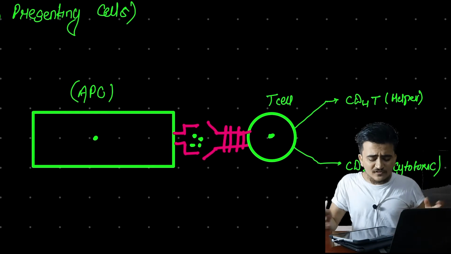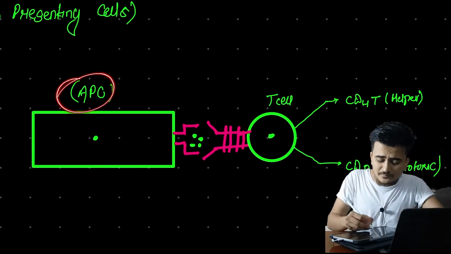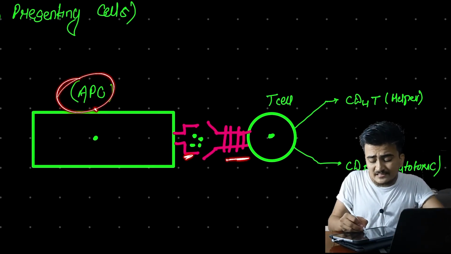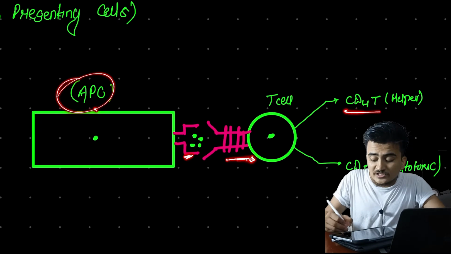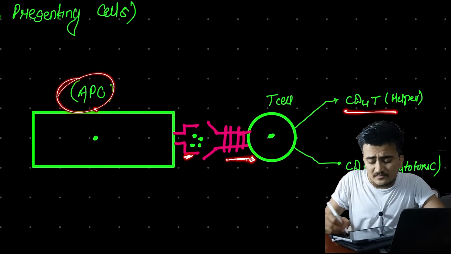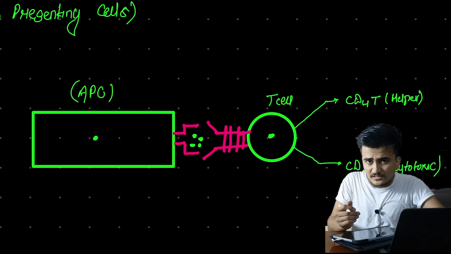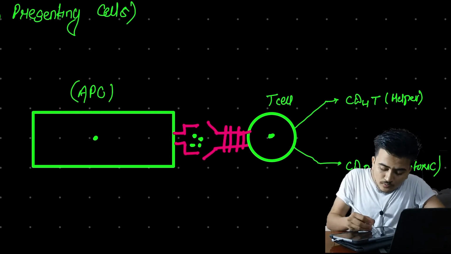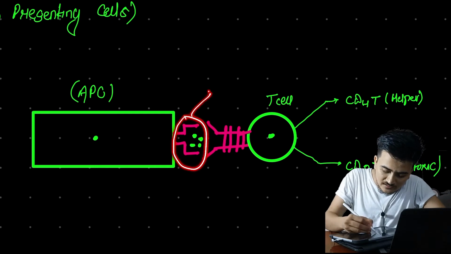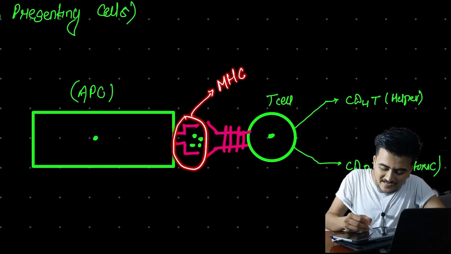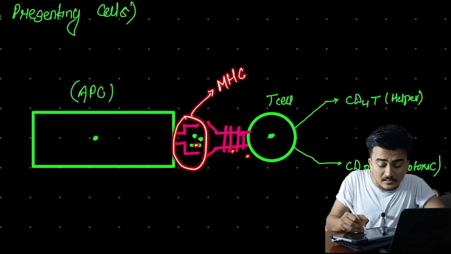Now we have already said that APC will present this antigen to T cell, and then T cell will be activated. The question is, which T cell will be activated? Either CD4 or CD8. For this, we need to know the class of MHC that was expressing antigen to the T cell.